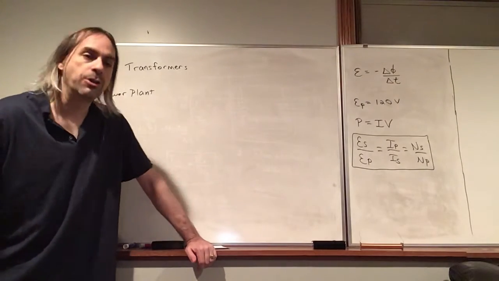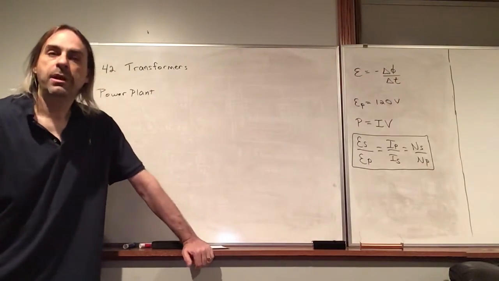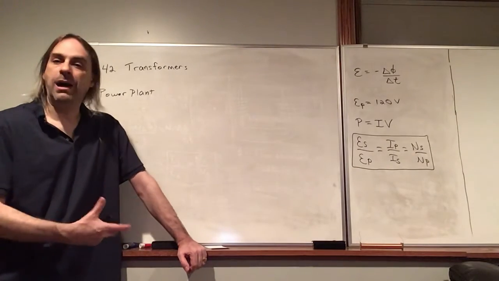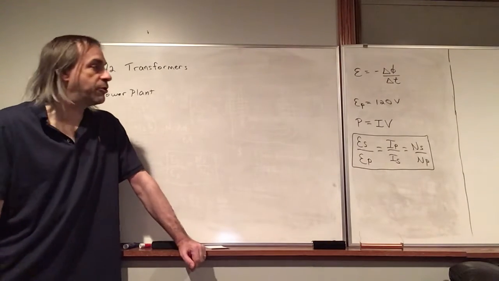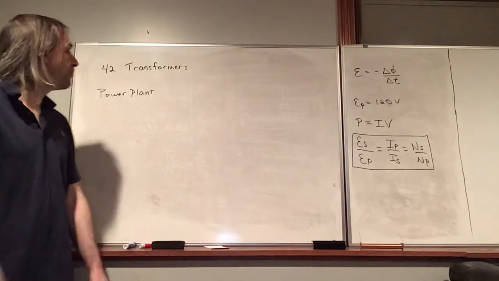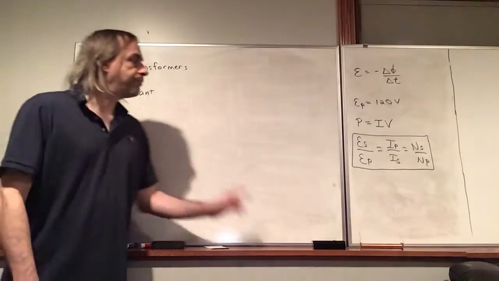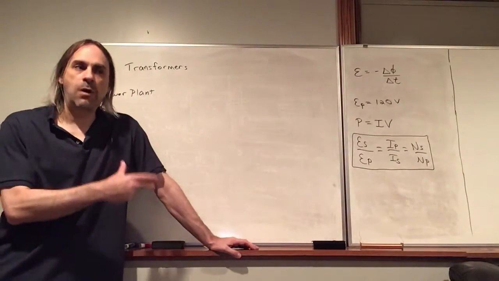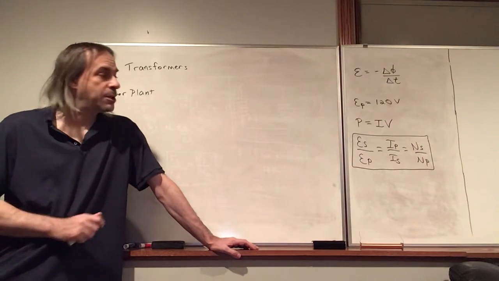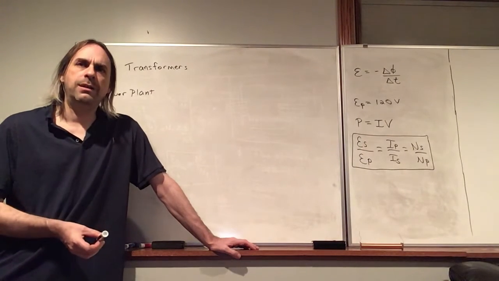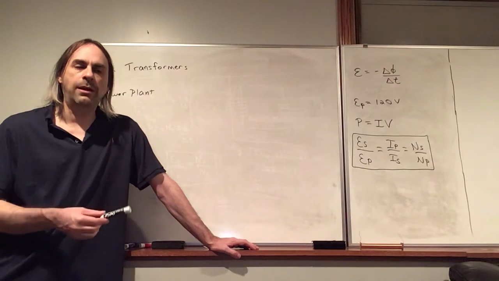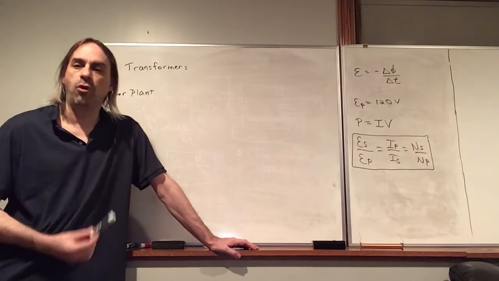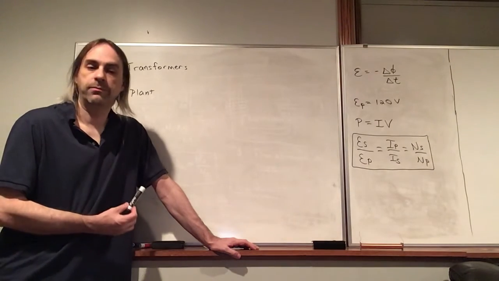So again, if you're miles away from the nearest power station, you could be losing a lot of energy, and it's inefficient and wasting resources. And so they want to send the power as efficiently as possible. And it turns out that sending energy at a very high voltage is more efficient.